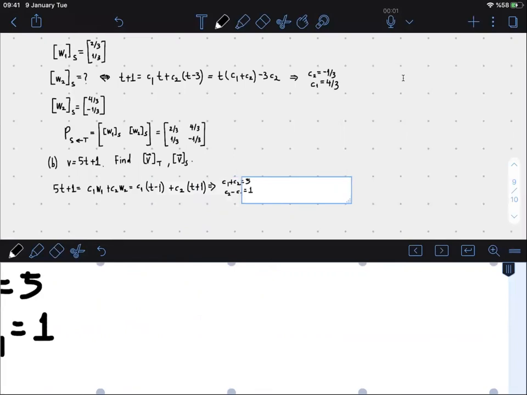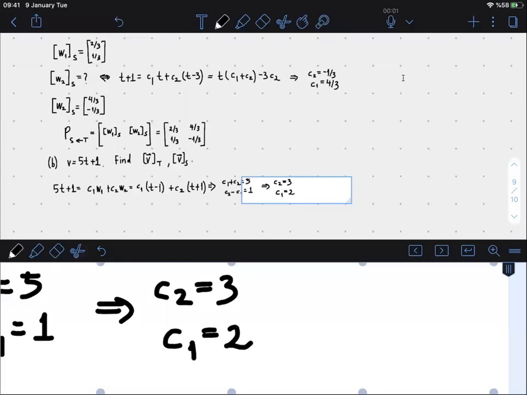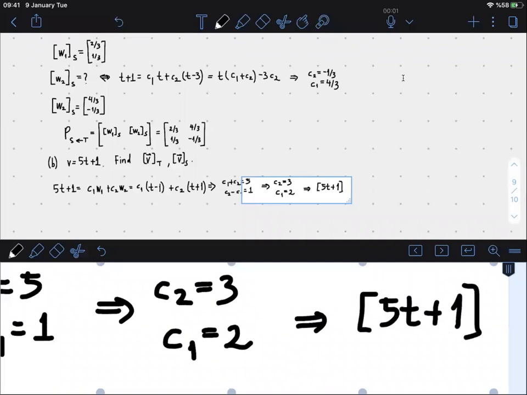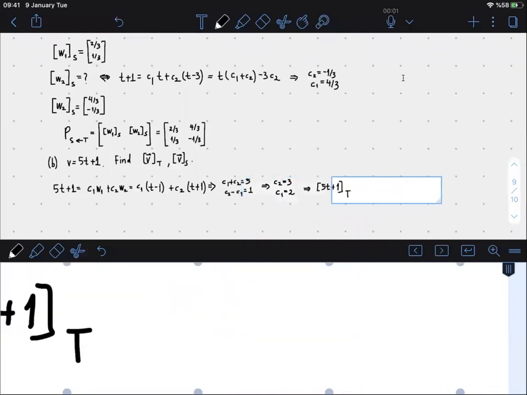So 2C2 is 6, so C2 is 3, and C1 is 2. That means 5t plus 1 in t basis is 2 and 3.